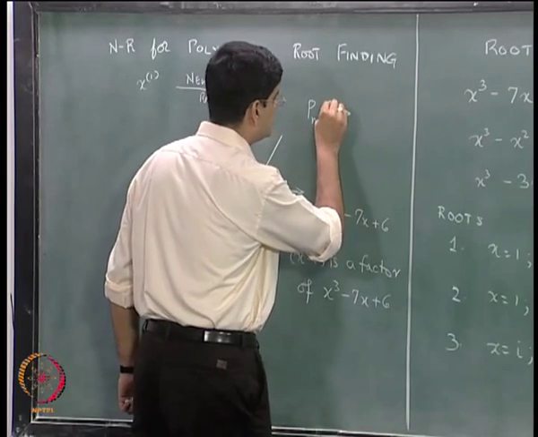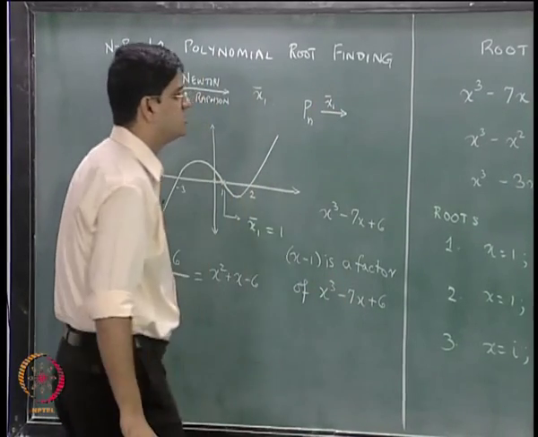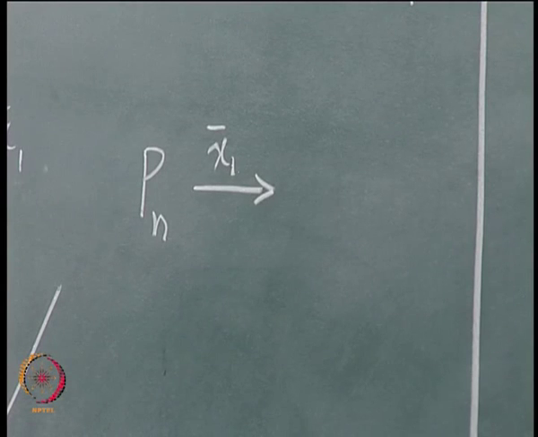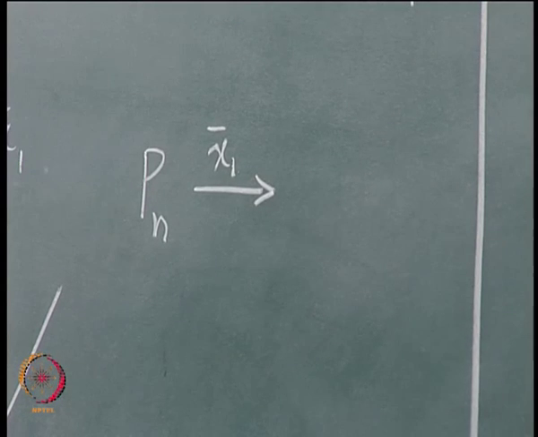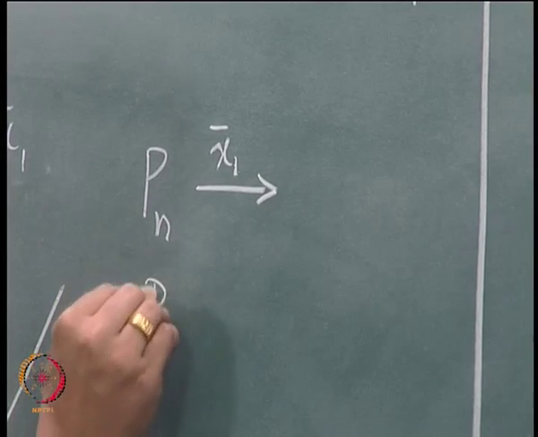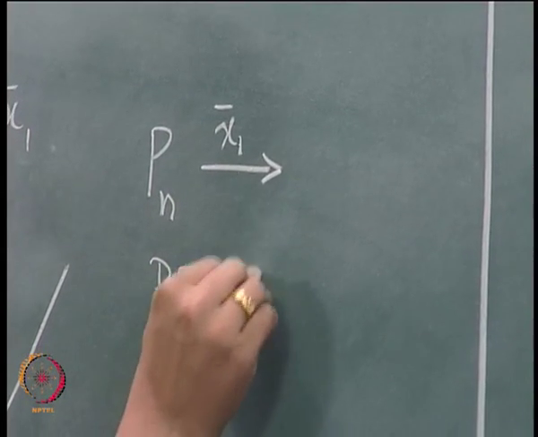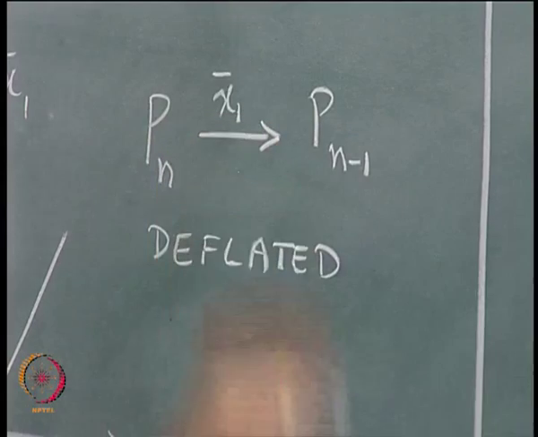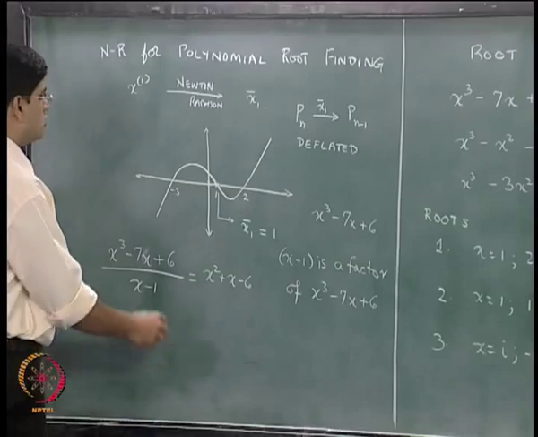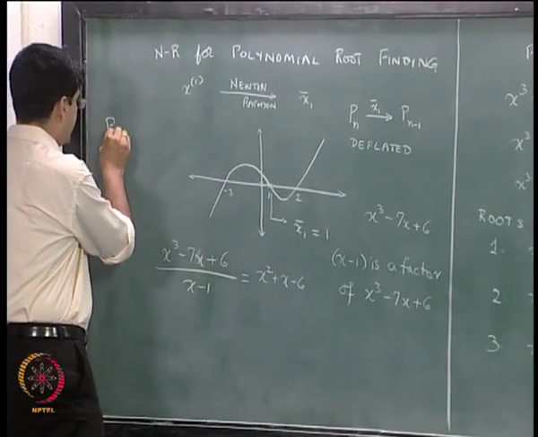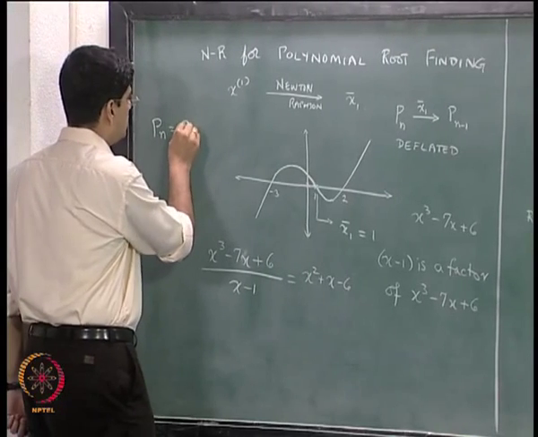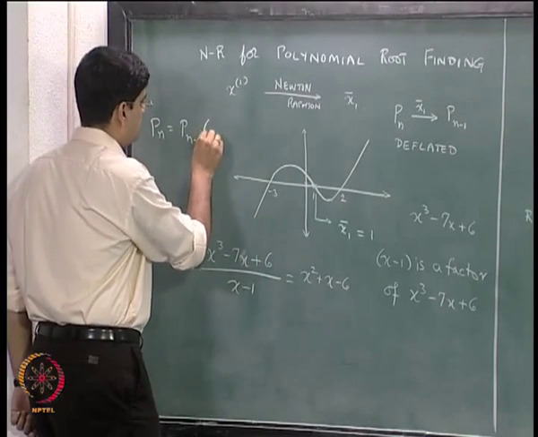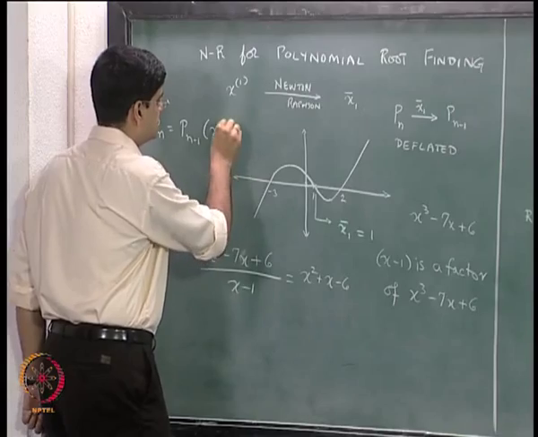When the first root x1 bar is found, we can deflate the polynomial to Pn minus 1. I will write that over here: Pn is going to be equal to Pn minus 1 multiplied by x minus x1 bar.